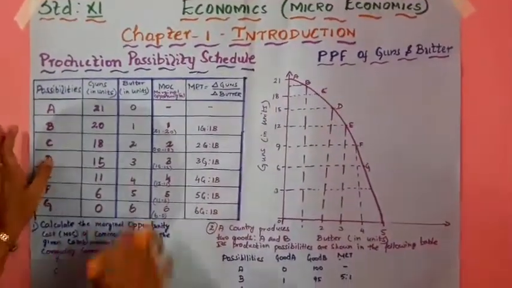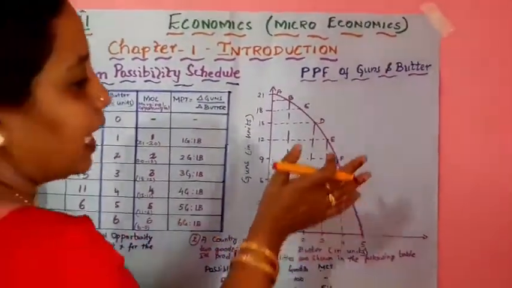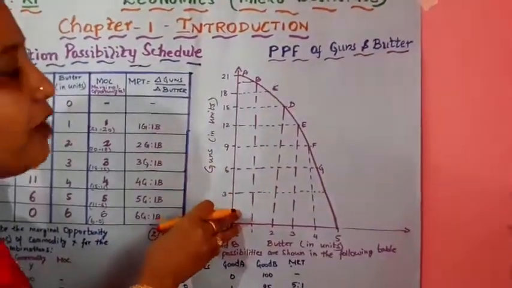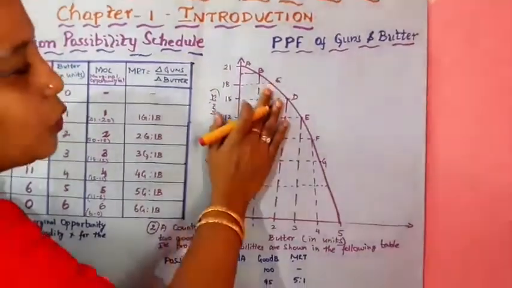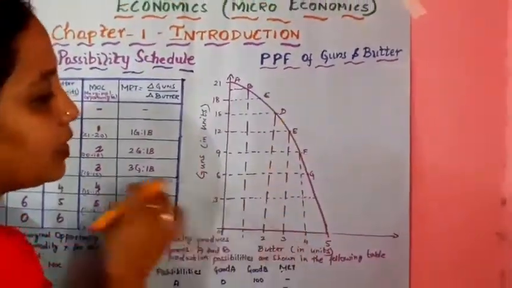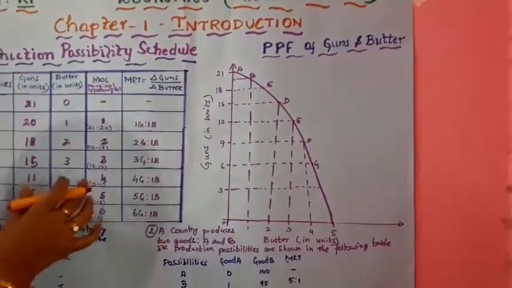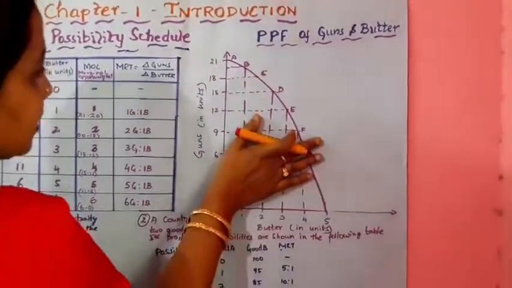Then now this schedule we are taking up in the PPC, that is in the graphical representation. You would have done graphs in the 10th standard. In the same way, we are going to draw the graph from the schedule, that is the schedule of gun and butter. We are going to take this schedule and plot it as points to make a graphical representation.